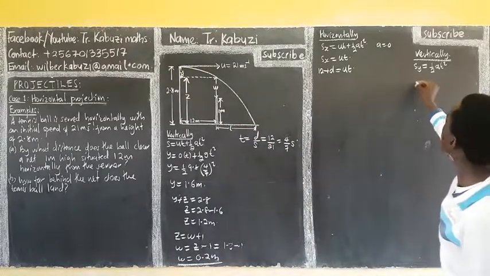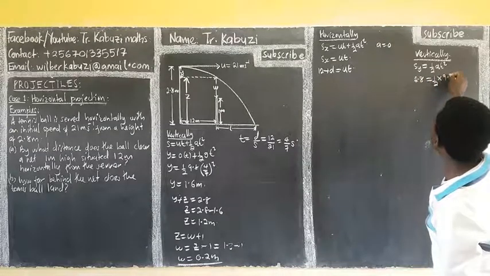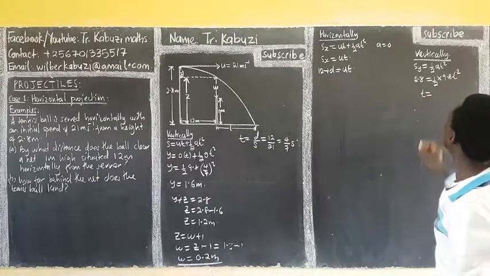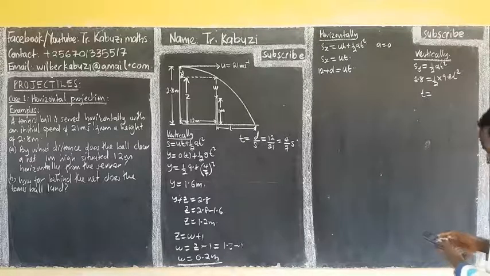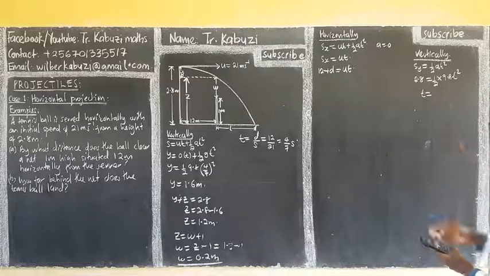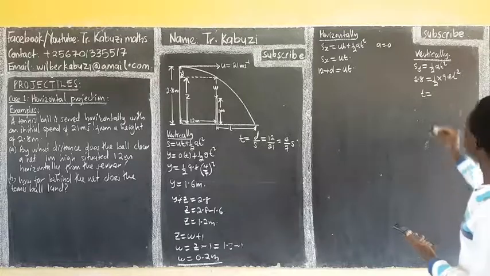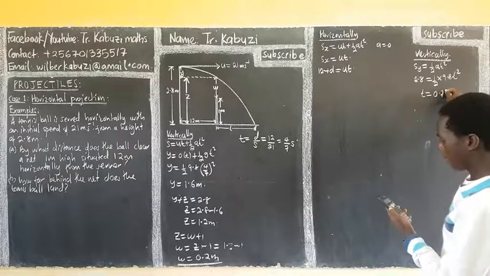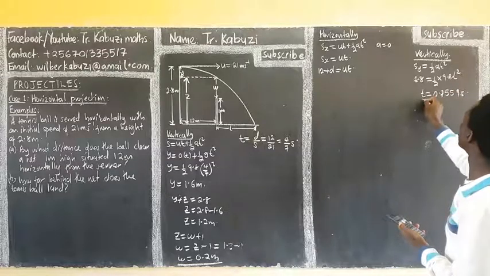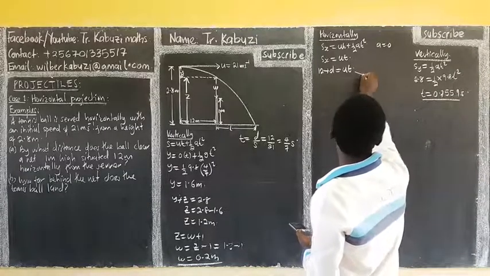So vertically, our SY is 2.8 equal to a half times 9.8 times T squared, which I'm looking for. So T squared is 2.8 divided by 4.9. Square root of that, we get 0.7559 seconds.